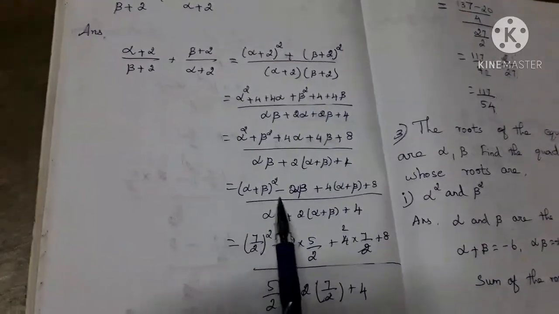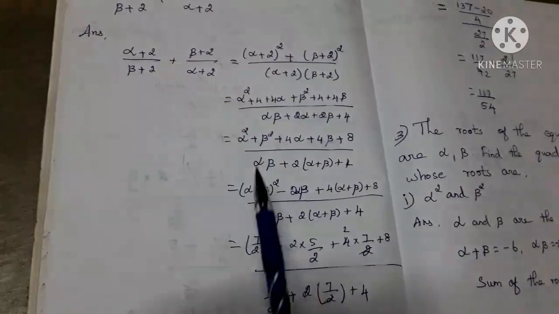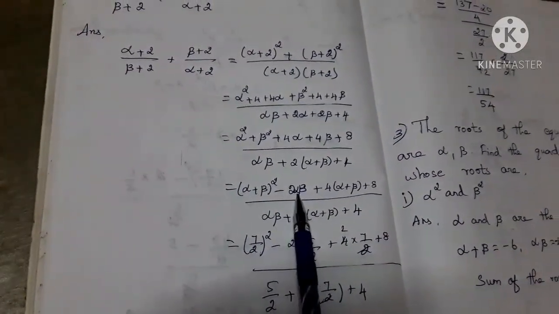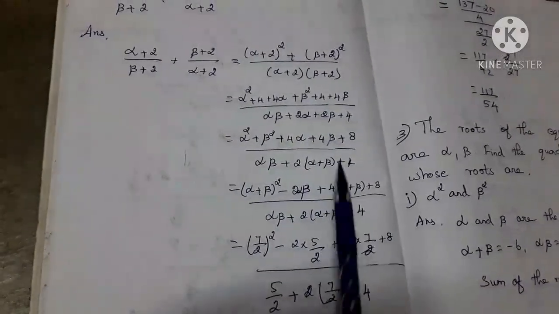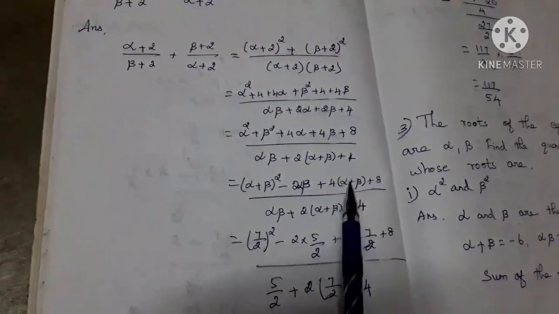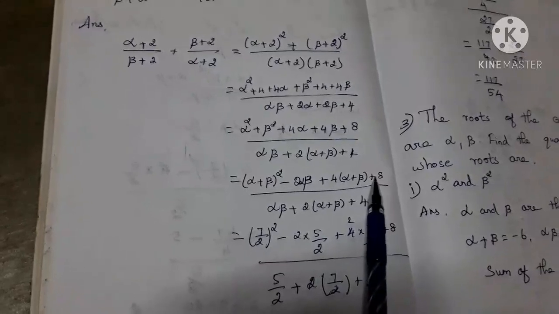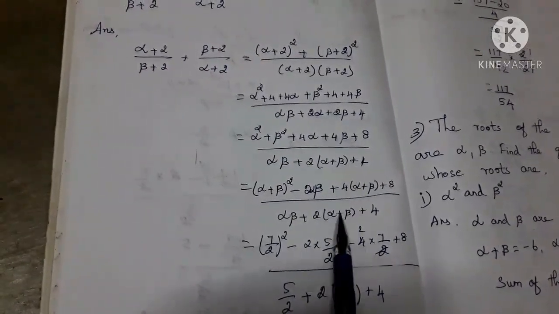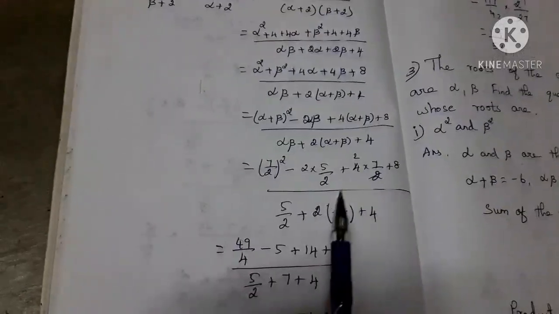Alpha square plus beta square is alpha plus beta the whole square minus 2 alpha beta, plus 4 taken as common, alpha plus beta plus 8, divided by alpha beta plus 2 alpha plus beta plus 4.